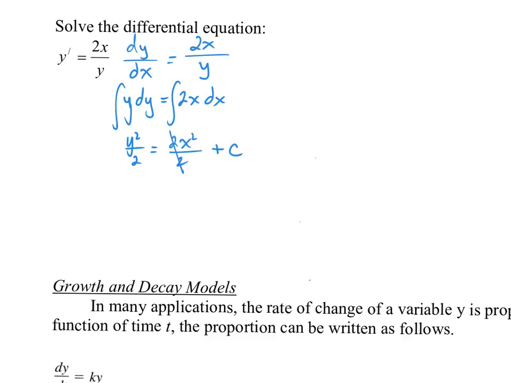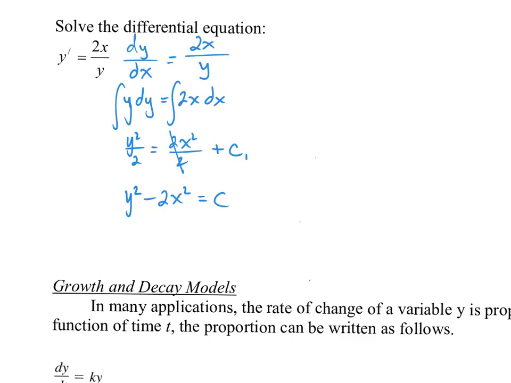Plus c, right? And then you have to multiply that by 2. Yeah, I can multiply everything by 2 and say y squared minus 2x squared is equal to c or something like that. You could even call this a different c because then you've multiplied your c by 2.